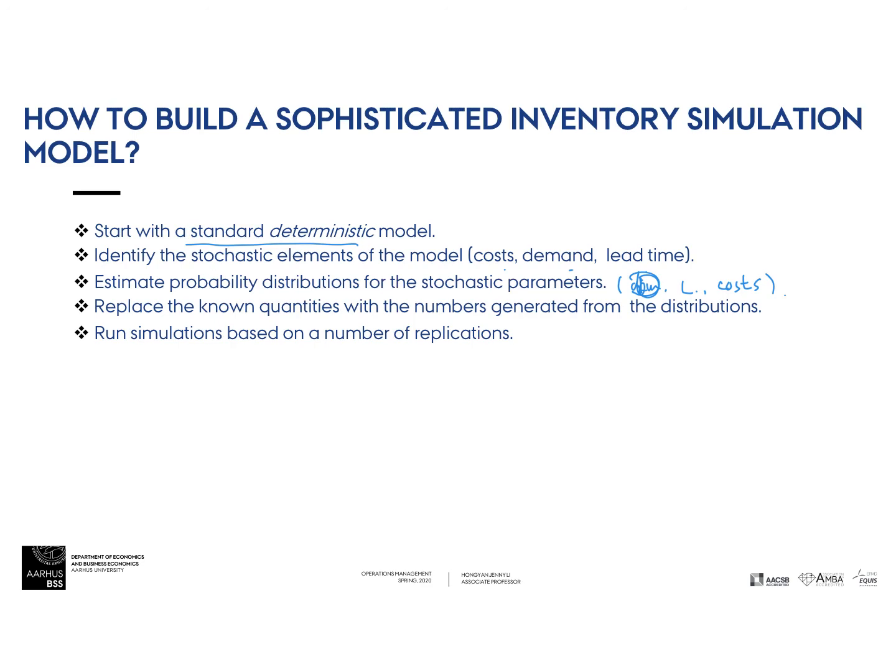For example, the raw material purchasing cost is always fluctuating over time. Then replace the known quantities with numbers generated from your distributions, applying the stochastic distributions in the simulation model. Then run your simulation based on multiple replications. Actually, we should also add one bullet: analyze the output.